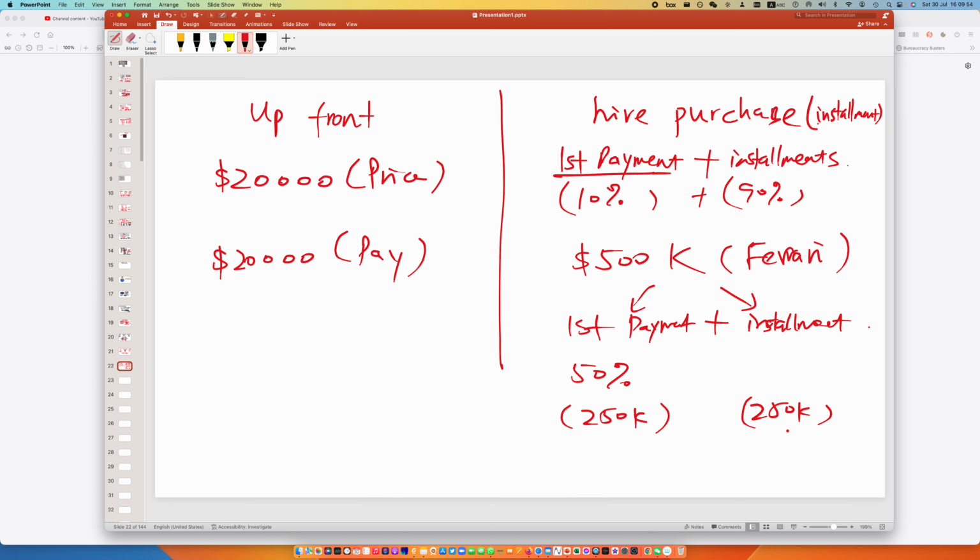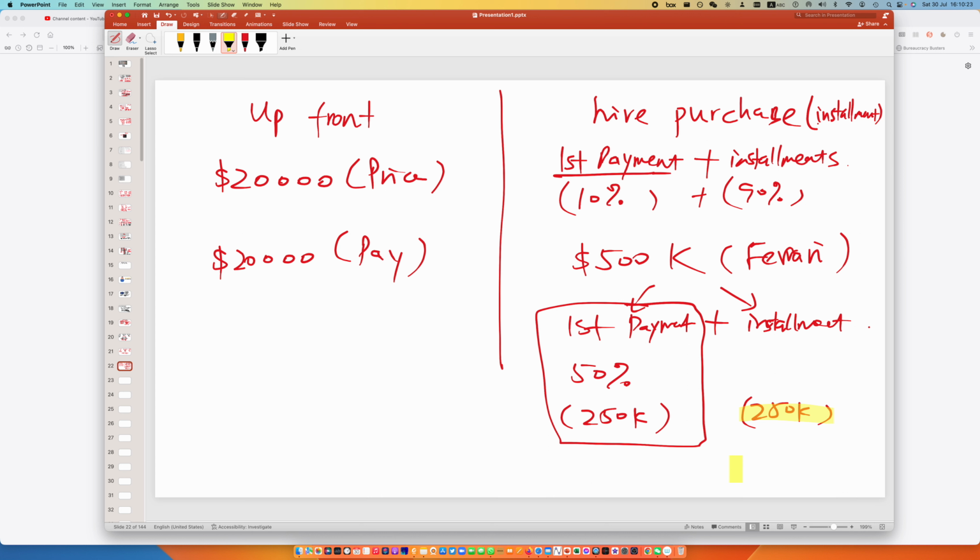When you pay your first payment, they will give you the car already. As long as the person pays the 250k, the person can drive the car home already. In a way, that person still owes me this much money. So when that person who purchased the car owes me money, I need to charge the person interest.